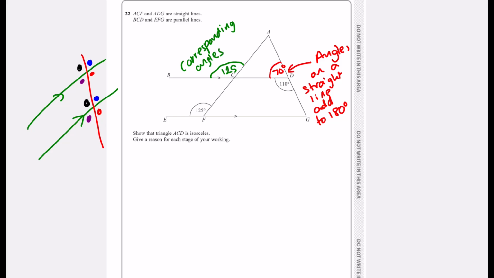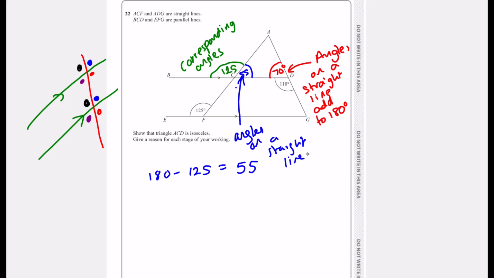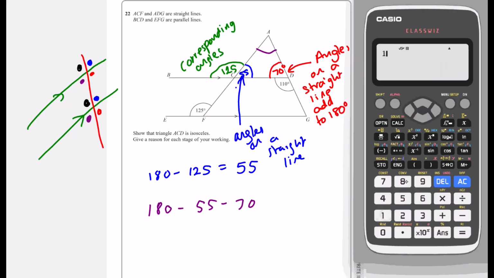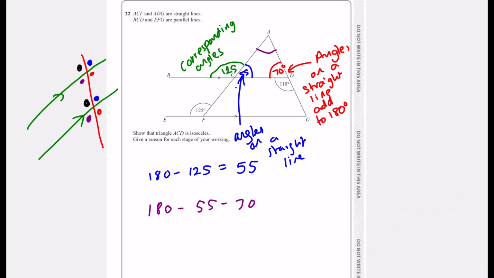And then we can use angles in a straight line again. So 180 take away 125 will be 55. And again, angles on a straight line. And then we've got angles in a triangle. So 180 take away the 55 and the 70 gives us 55.